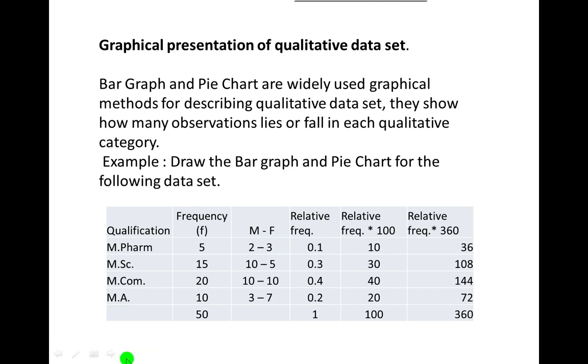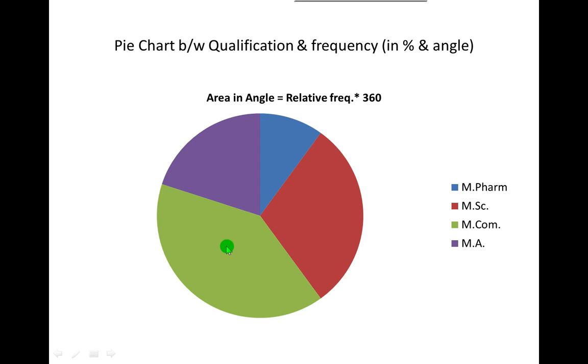Okay, so the total area is 100%. So this type of graph is called a pie chart between qualification and frequency, in percentage and angle. Area in angle is equal to relative frequency multiplied by 360 degrees.